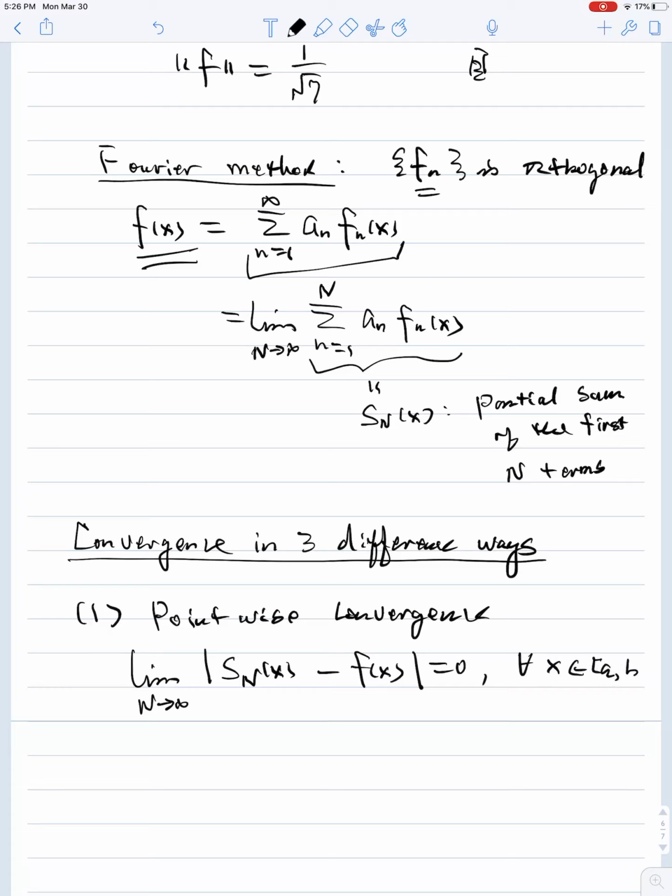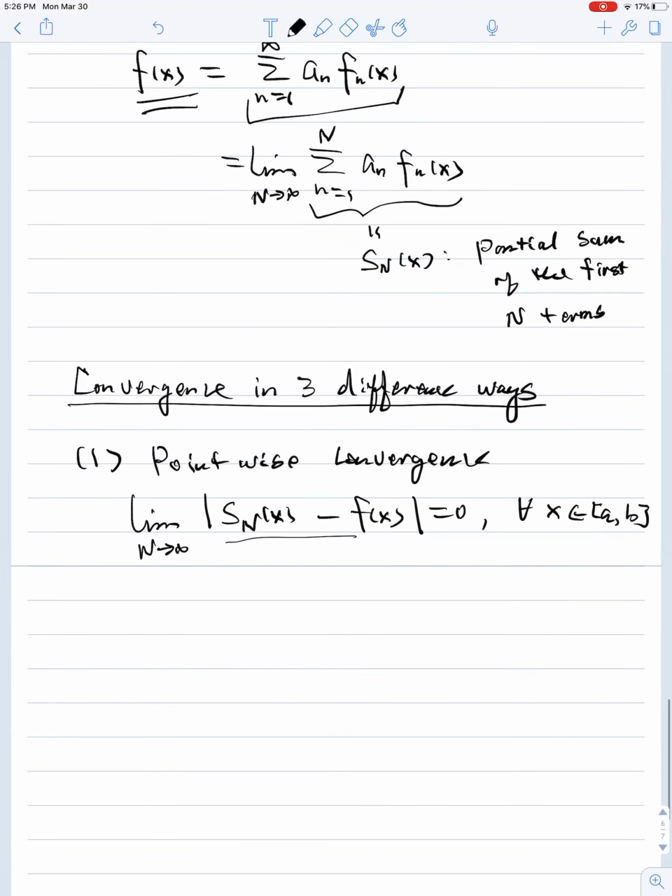That is pointwise convergence. For any point, S_N converges to f. Another sense of convergence is what we refer to as the mean square convergence.